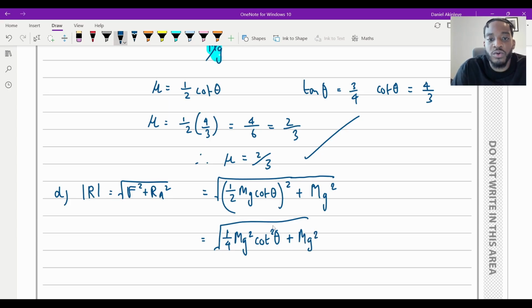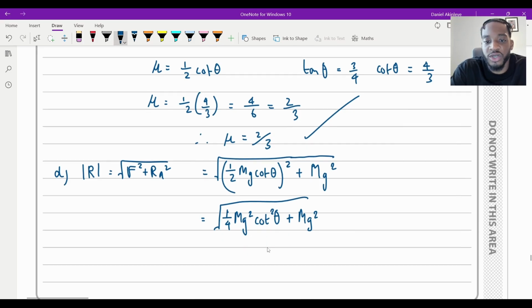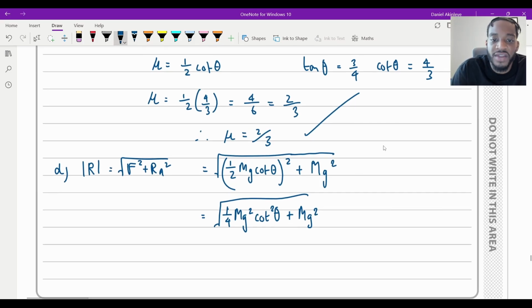Now remember, we know that cot theta is 4/3, isn't it? So to get cot squared, I'm just going to square that, which will give us 16/9, right? So we could just say this is going to become 1/4 and then mg all squared, and then cot squared is 16/9, like this, and then plus mg squared.